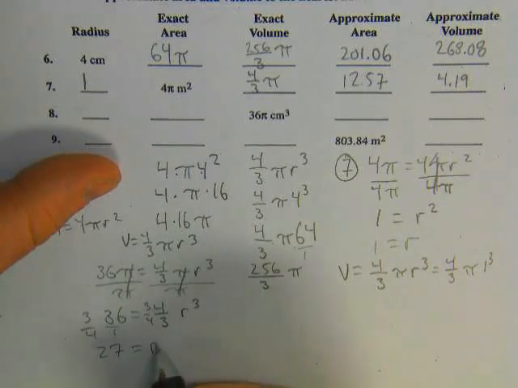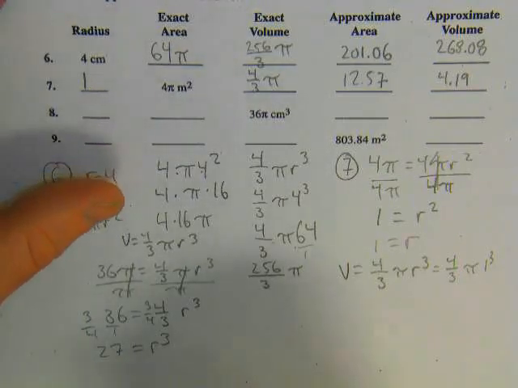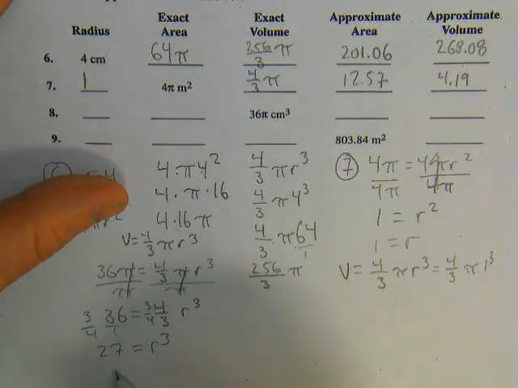27 is r cubed. And the cube root, or guessing and checking, what times itself 2 other times or 3 times total is going to get me 27. 3 times 3 times 3 is 27. So r is 3.